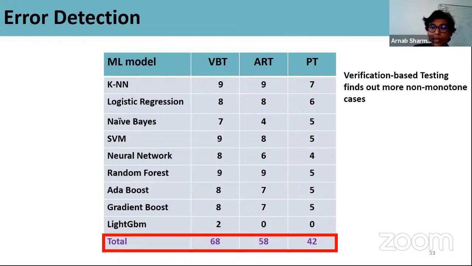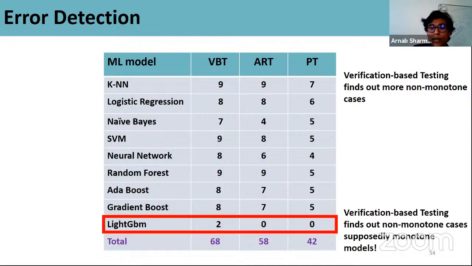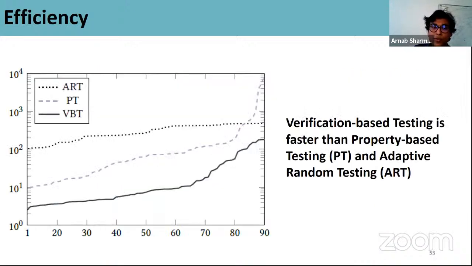Clearly here you can see that verification-based testing is able to find more cases than adaptive random testing and property-based testing. One interesting finding was that verification-based testing was able to find non-monotonicity in the supposedly monotone models. Next, we also looked at how efficient our approach is compared to adaptive random and property-based testing, and we saw that our approach is quite fast, even though it involves a lot of training and SMT solving.